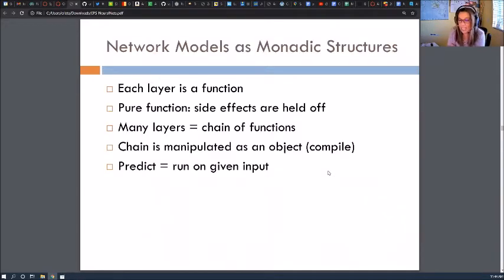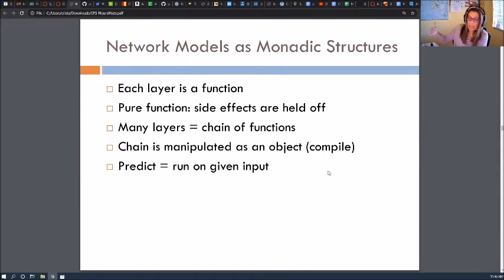Another way of thinking about these neural networks is that they are also monadic structures. And now that you have seen what monads are, let me explain why they are monadic structures. In a way, each layer is a pure function. There's no side effects or no memory, nothing.